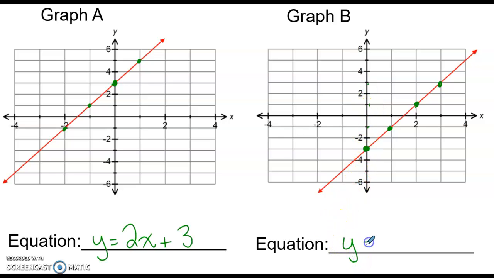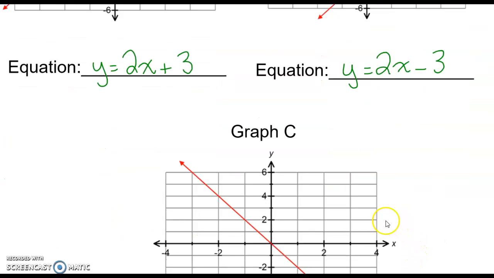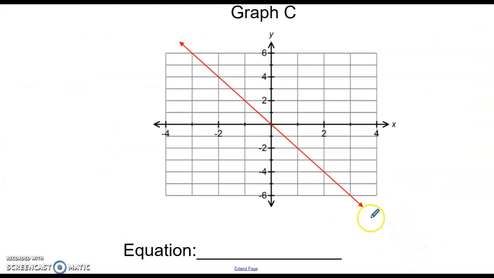So it goes up by 2 each time, but it starts at negative 3, so the equation is y equals 2x minus 3.